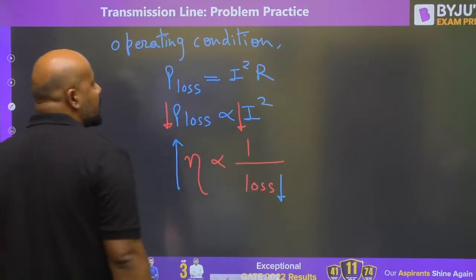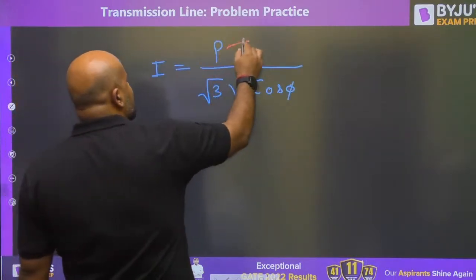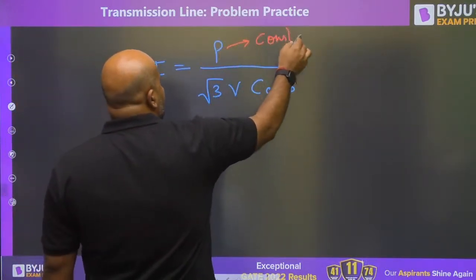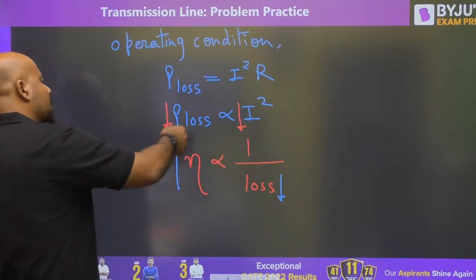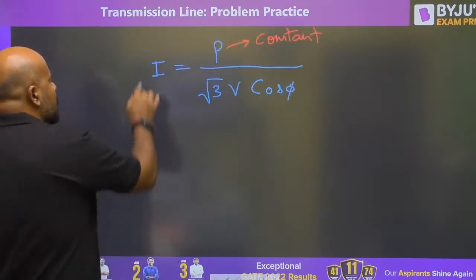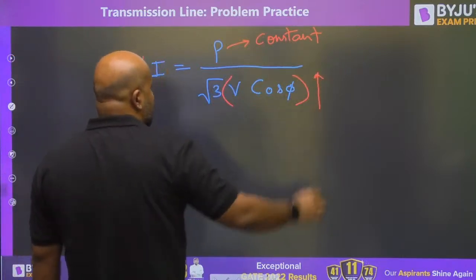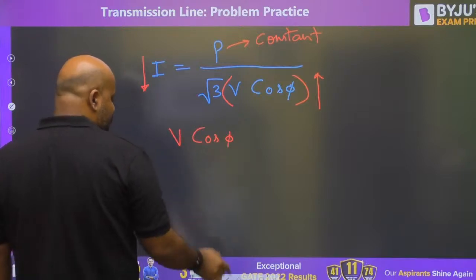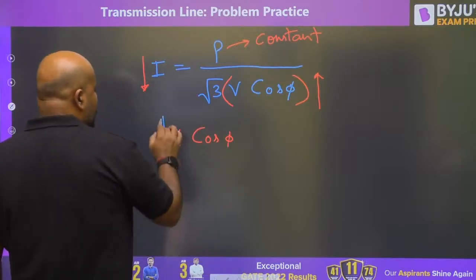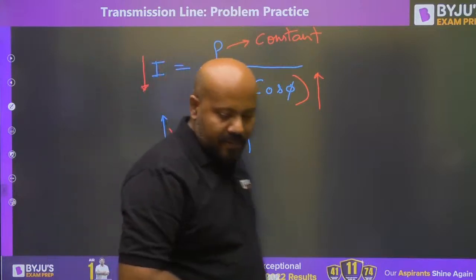Now in the question he is saying a fixed amount of power, which means this P is going to be constant. In order to increase the efficiency, you have to reduce the loss or reduce the operating current. So if you want to reduce the operating current, you have to increase this factor. Now this factor can only be increased with 100% surety when both voltage and power factor are increased.